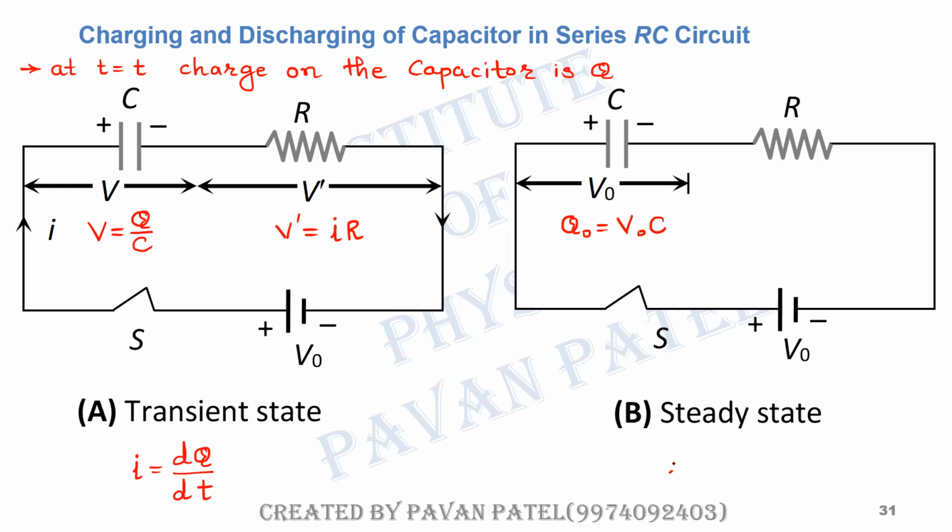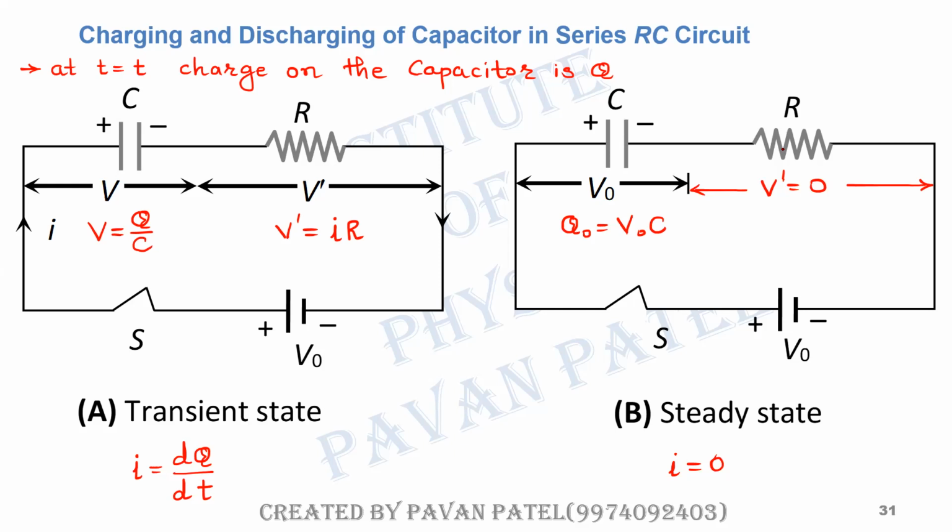And current I becomes zero in the steady state once the capacitor is fully charged, and potential across the resistance v dash is also zero, because there is no current, and therefore there is no potential drop across the resistance. So this is the basic funda.